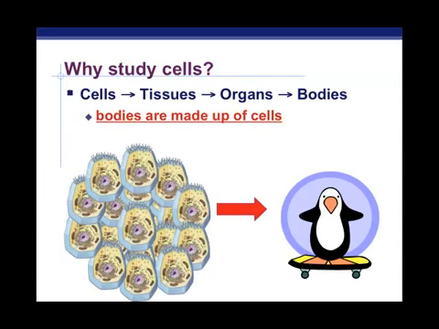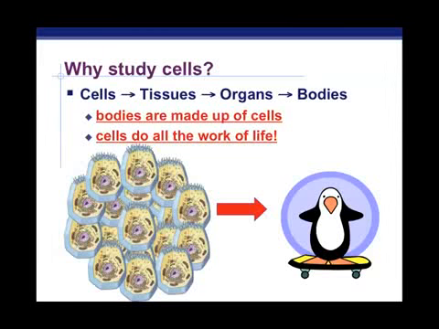So there you have it. The cells work together to make a body. And every cell does everything that is in the definition of life that we did in Chapter 1.